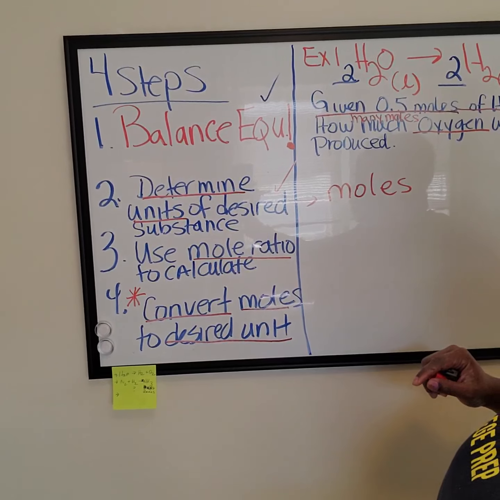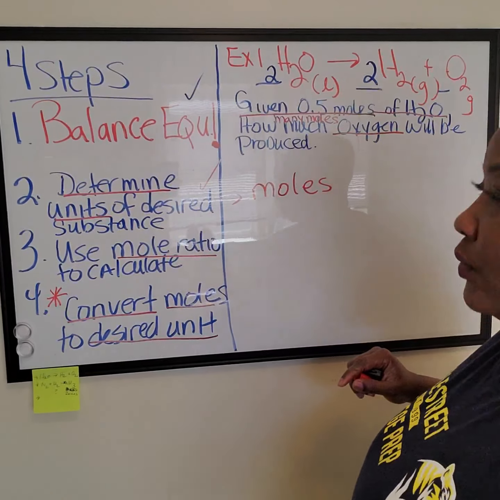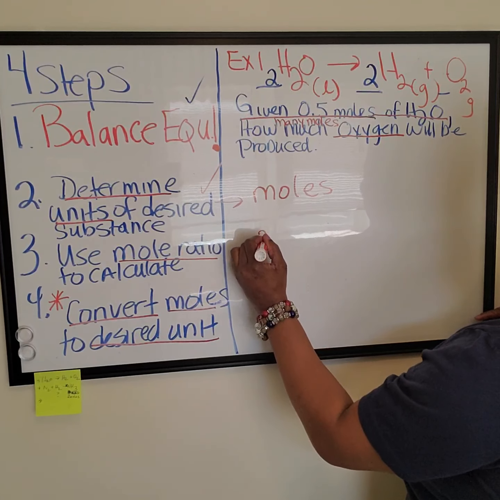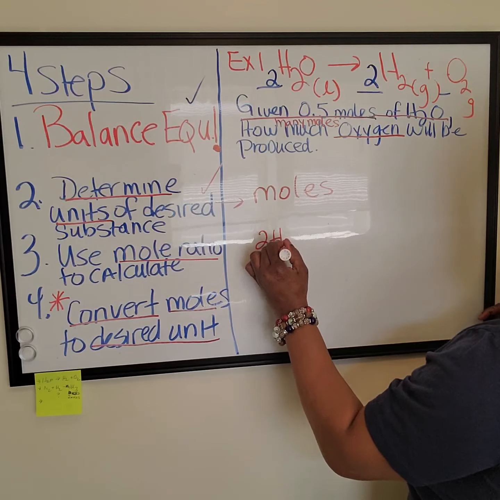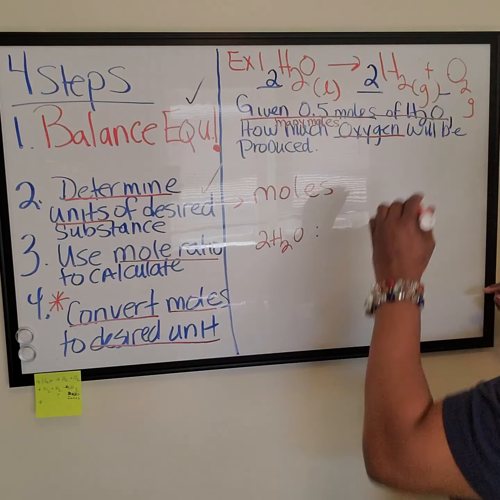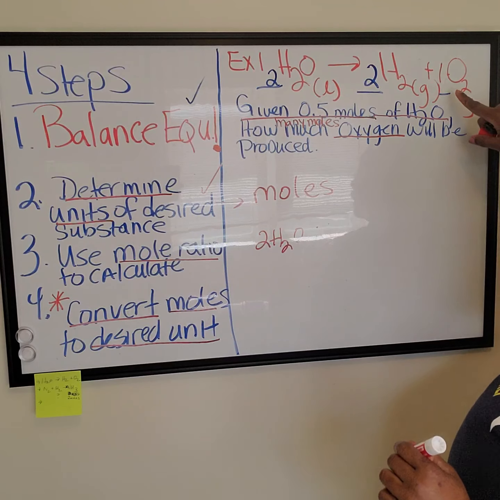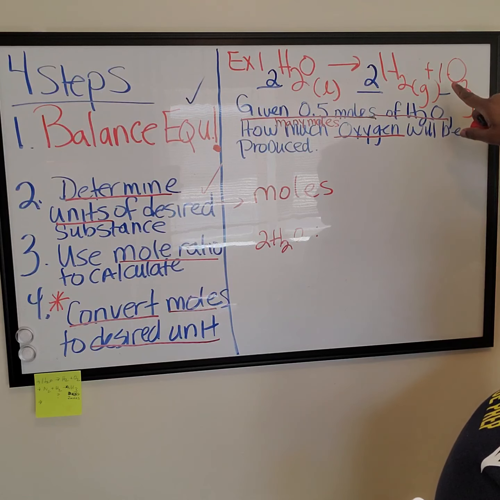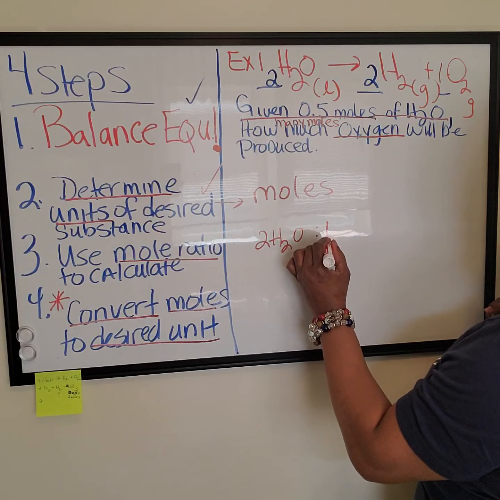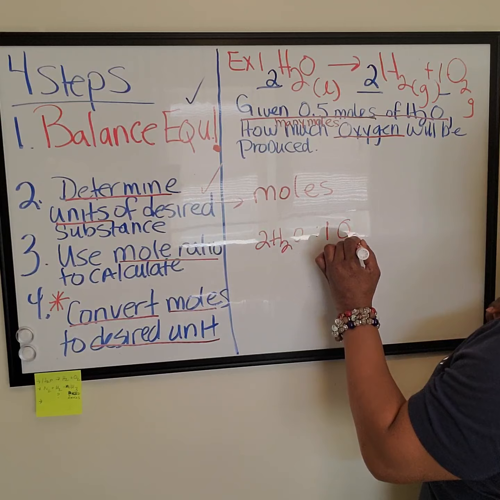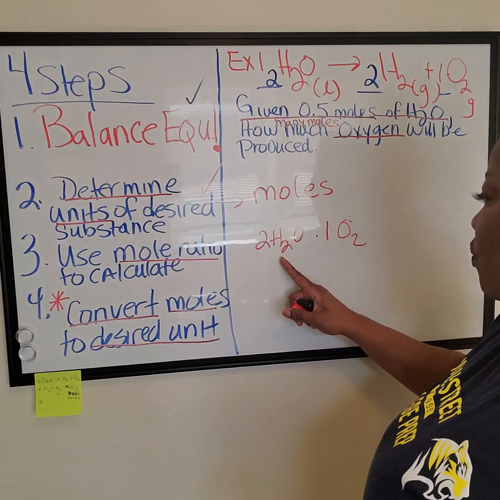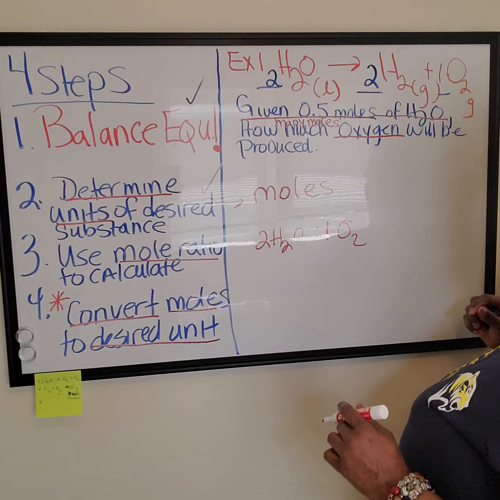And the ratio is for every 2 waters, there are 1, remember we said if we don't see anything in front of the molecule, then that means it's a 1 molar substance. So 1 mole of oxygen. So therefore it is a 2-to-1 relationship of moles of water and moles of oxygen, okay?